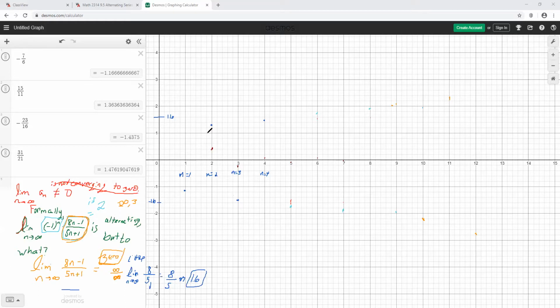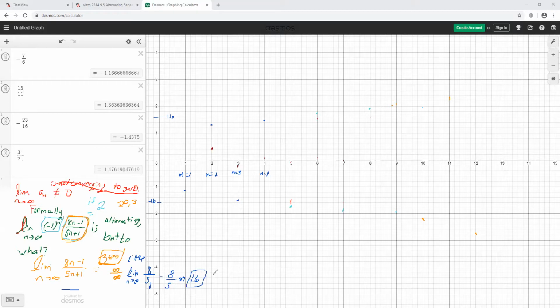And we had negative, positive, negative, positive, and if we kept going, half of them would be getting closer to 1.6 but never make it, and the other half would get closer to negative 1.6 and not make it. And that's what this tells us.